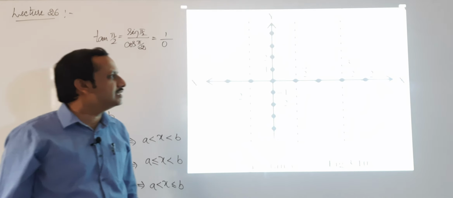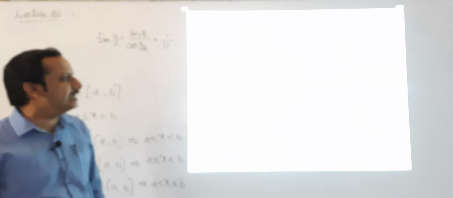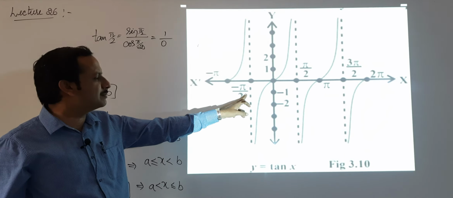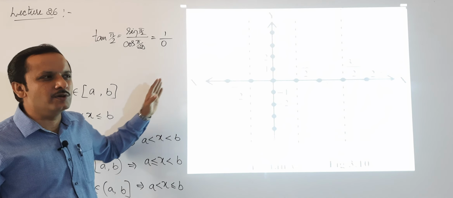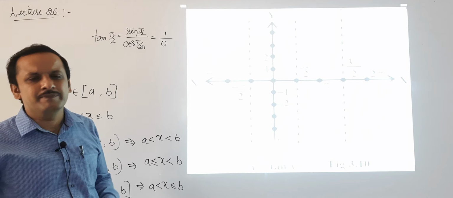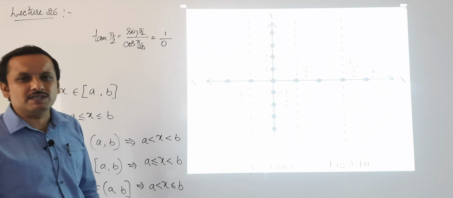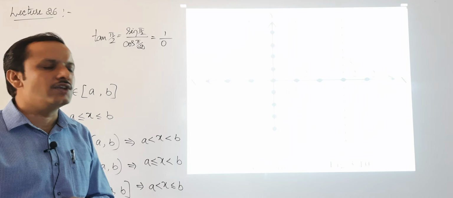Therefore, you can see that there is a break in the function at pi by 2. Not only at pi by 2, but at 3 pi by 2 also, at minus pi by 2 also, and on this side, which is not visible here, at minus 3 pi by 2, minus 5 pi by 2, minus 7 pi by 2, and on that side at 5 pi by 2, 7 pi by 2, 9 pi by 2, etc. In other words, at all odd multiples of pi by 2, tan x is not defined.